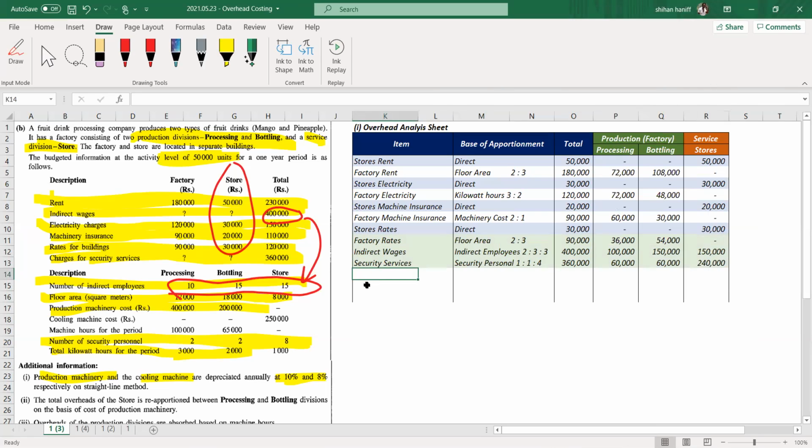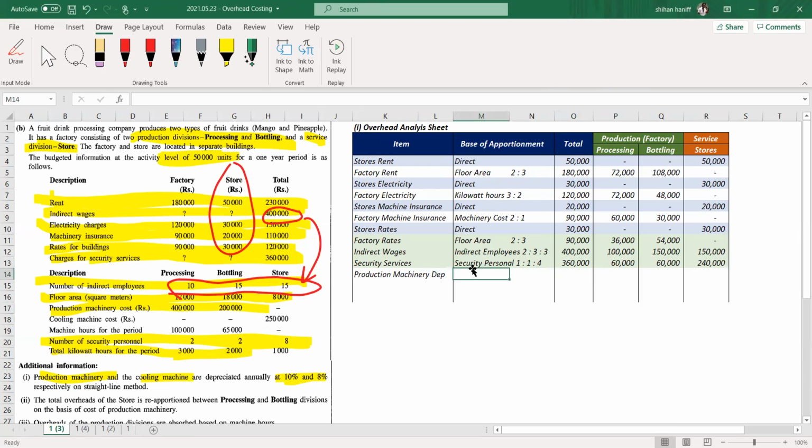Production machinery depreciation. So production machinery cost: processing department has 400,000. Bottling has 200,000.